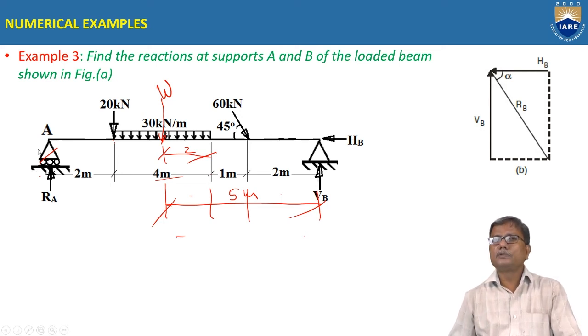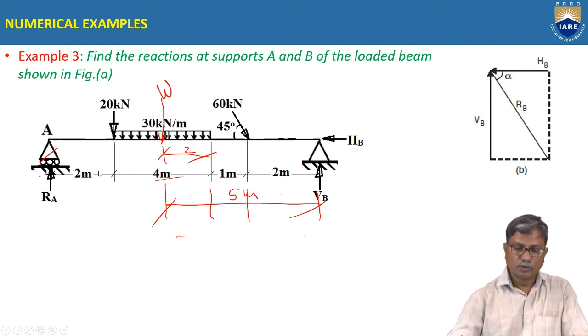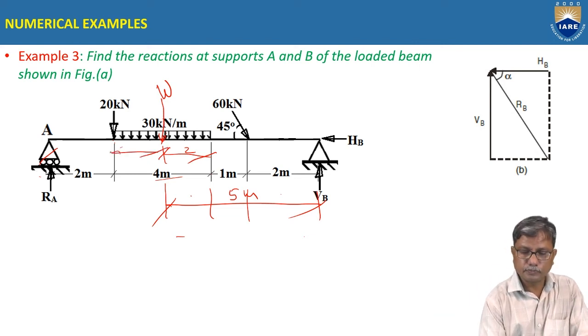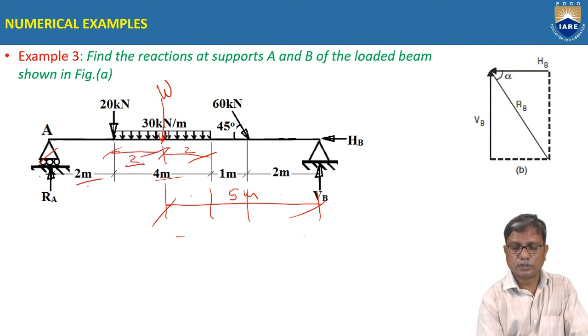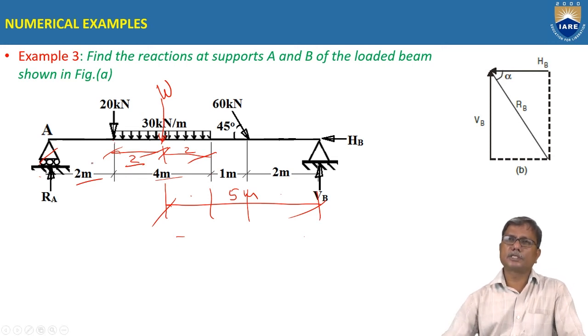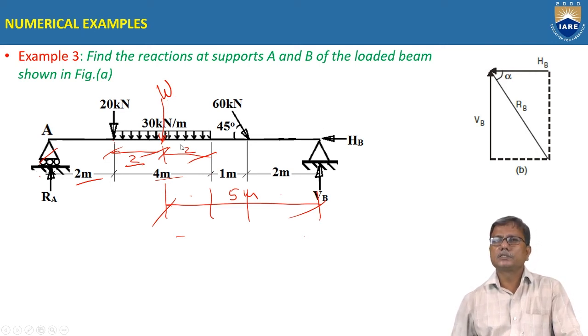If you take the moments about A, then what will be the distance of this resultant load? Here 2 plus 2, only 4. So if you take moments about A, the distance of this resultant load will be 4 meters. From B, it is 5 meters.